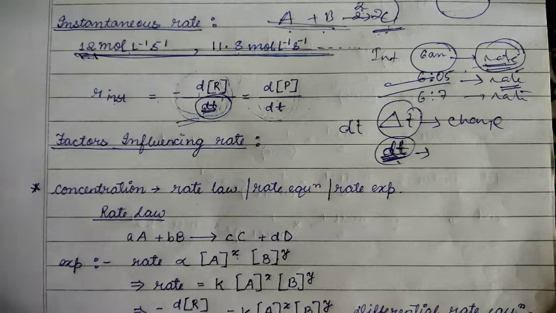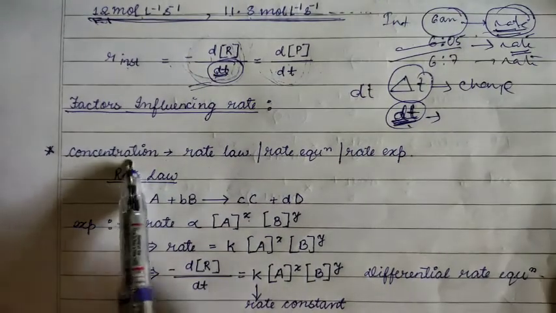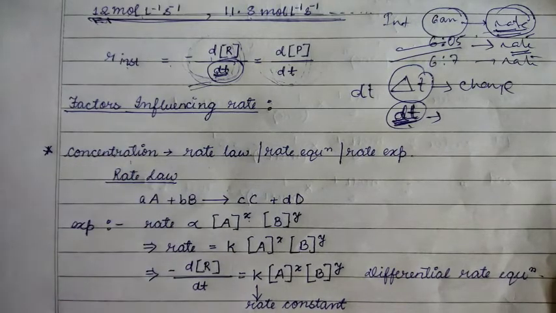You can add some reactants, right? So at that time what will happen? The rate will increase. So there is a direct relation between the rate and the concentration. You can increase it or you can decrease it, but if you leave it to itself, then it will always decrease.